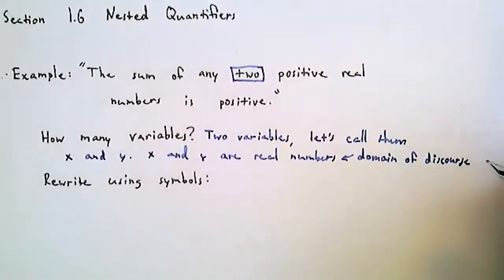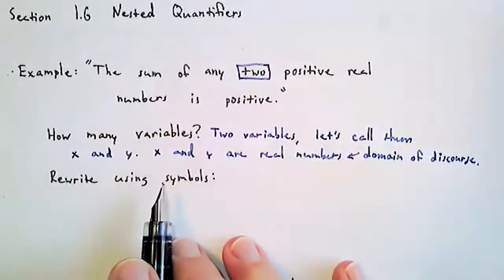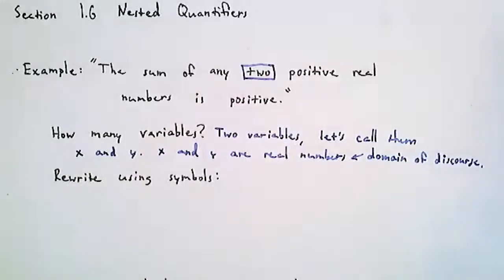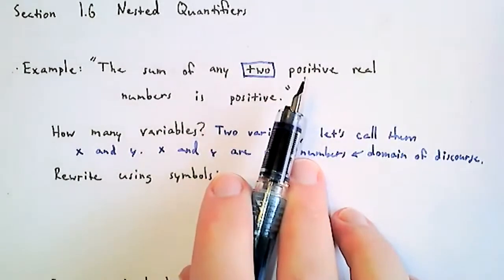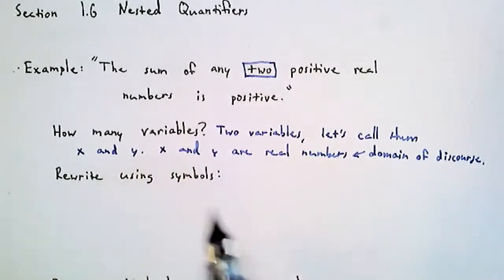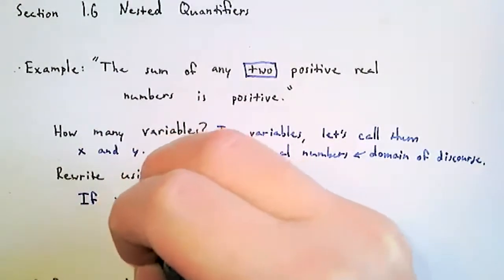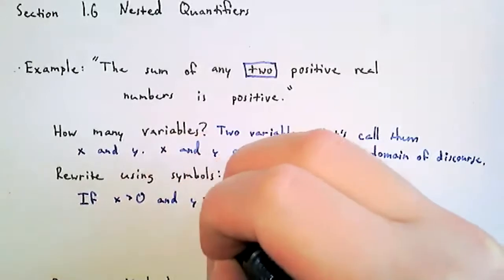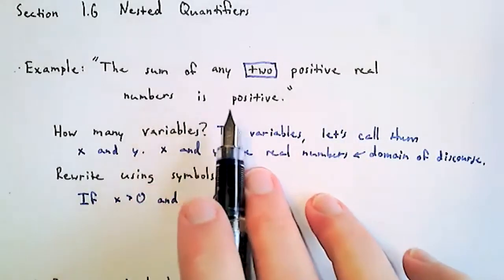Okay, so continuing to break it down, let's see if we can rewrite this using symbols and our variables instead of words. So two positive real numbers. Positive means that they're going to be greater than 0. So we know that x is greater than 0 and y is greater than 0. Let's just write that down. If x is greater than 0 and y is greater than 0, then there's another part of it. The sum of them needs to be positive.